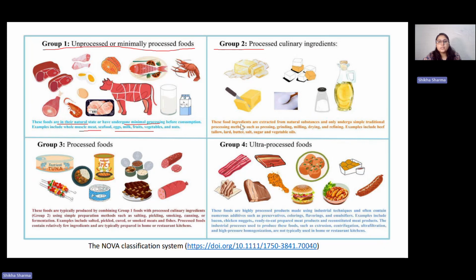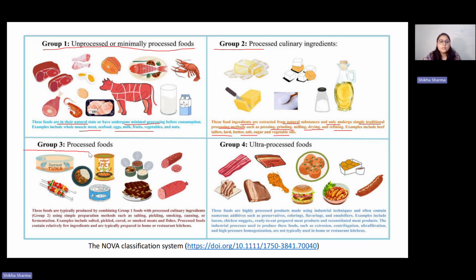These food ingredients are extracted from natural substances and only undergo simple traditional processing methods, such as pressing, grinding, milling, drying and refining. Examples include beef tallow, lard, butter, salt, sugar, and vegetable oils.